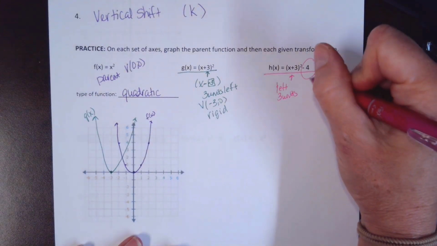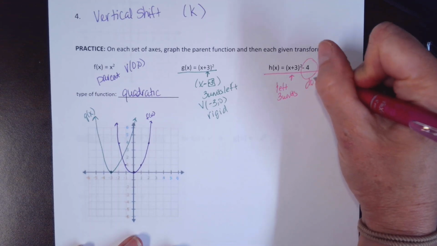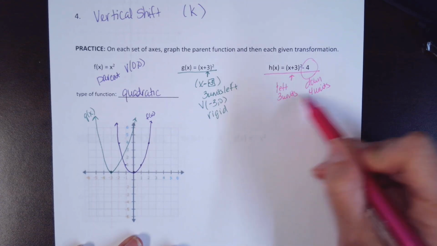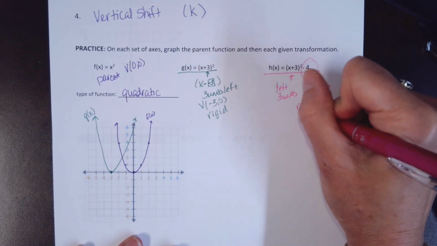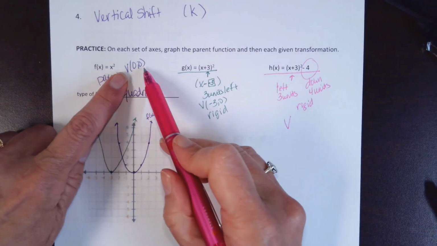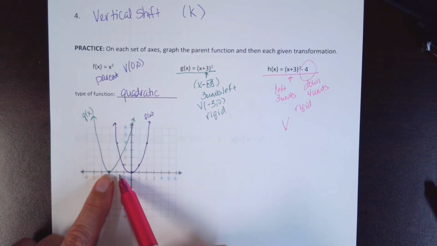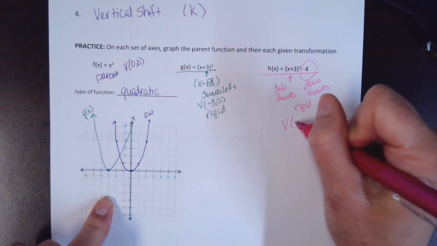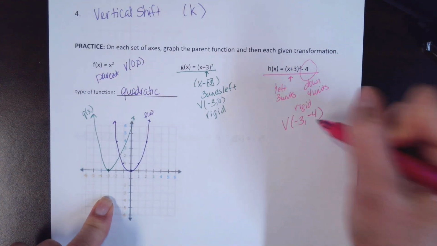So that minus 4 tells me I'm going down 4 units. Both of these are rigid transformations. My vertex started at 0, 0. I shifted left 3 and down 4. So my new vertex is at negative 3, negative 4.